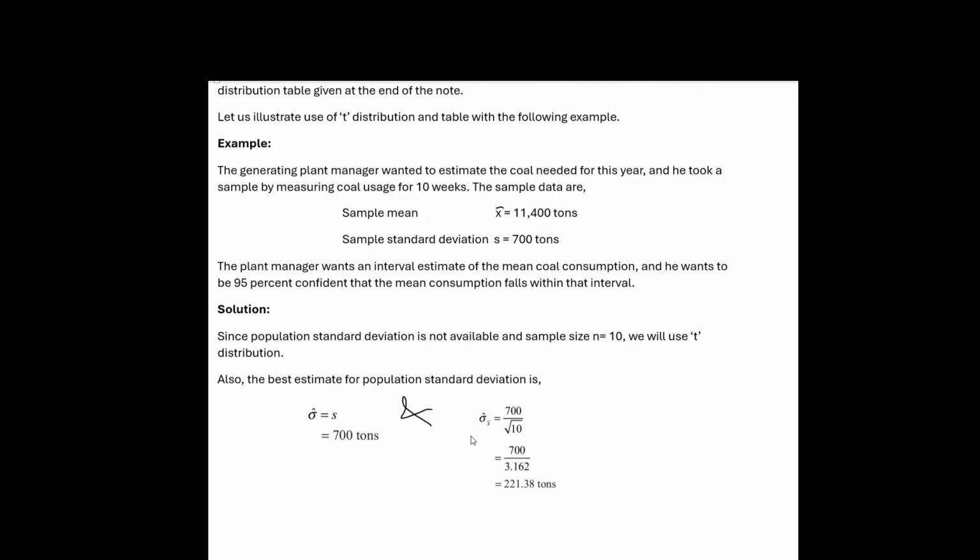In a power generation plant, the plant manager wanted to estimate the coal needed for the entire year. He took a sample by measuring coal usage for 10 weeks, and from the sample he got a sample mean X bar of 11,400 tons.